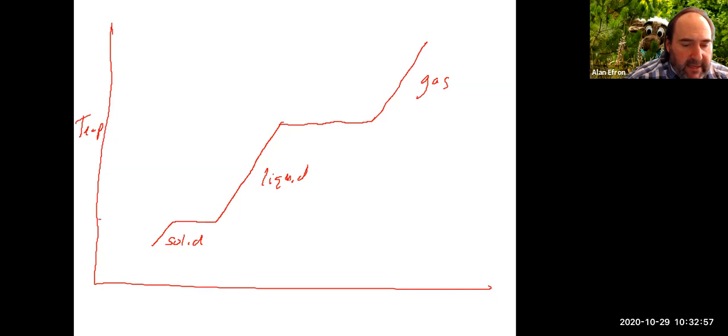And, for example, if this was something like water, this would be 0 degrees Celsius, right, as it goes from solid to liquid. And again, if this was something like water, this would be 100 degrees Celsius, where it goes from liquid to gas.